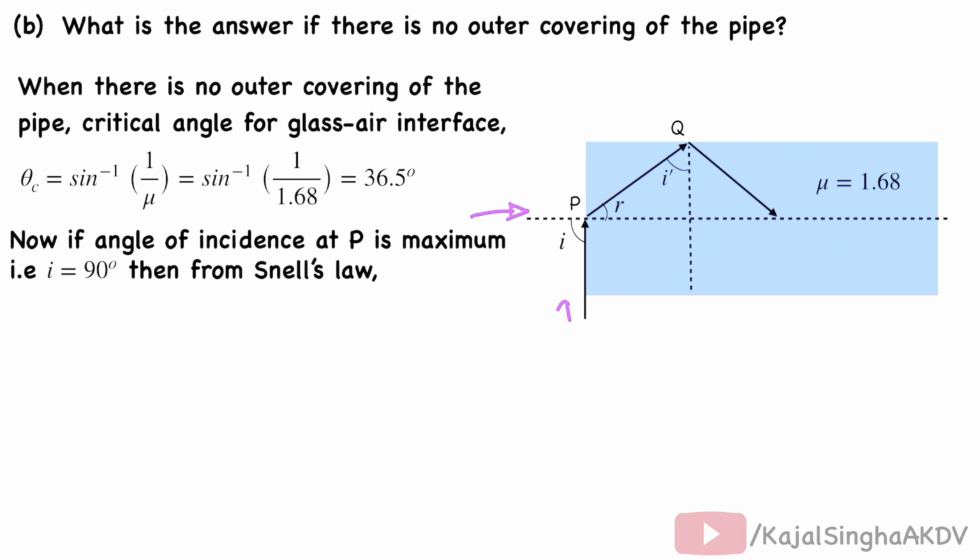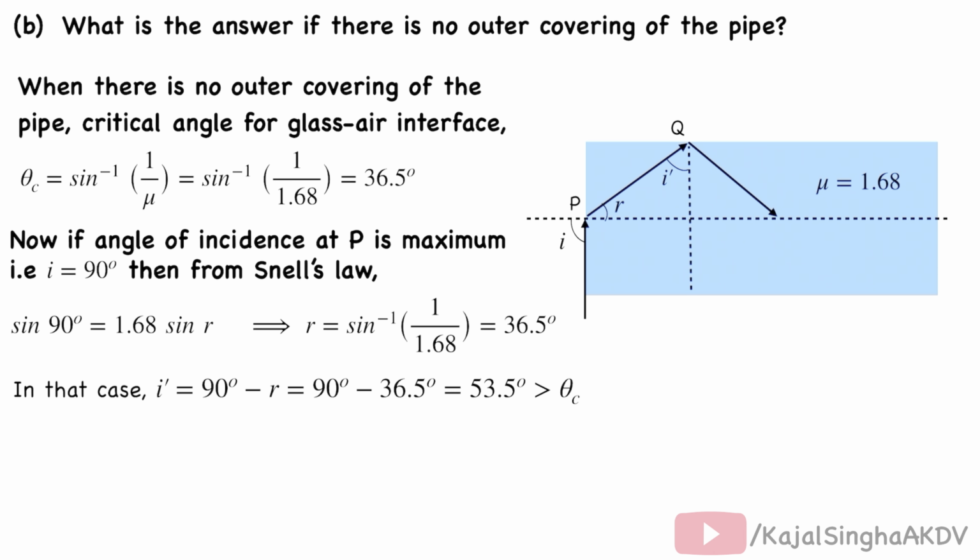Now, we take the case when the angle of incidence is maximum, that is i equals 90 degree. Then from Snell's law, we get sine 90 degree equals 1.68 sine r, where we have taken the angle of refraction at point P as r, which gives r equals 36.5 degree.